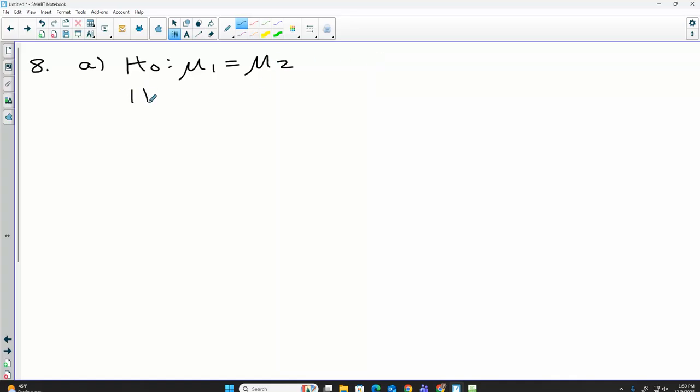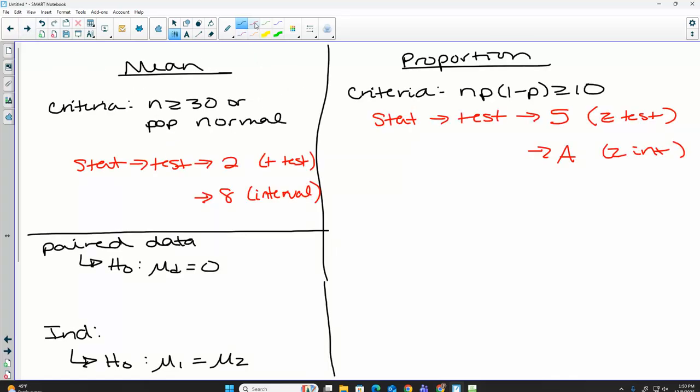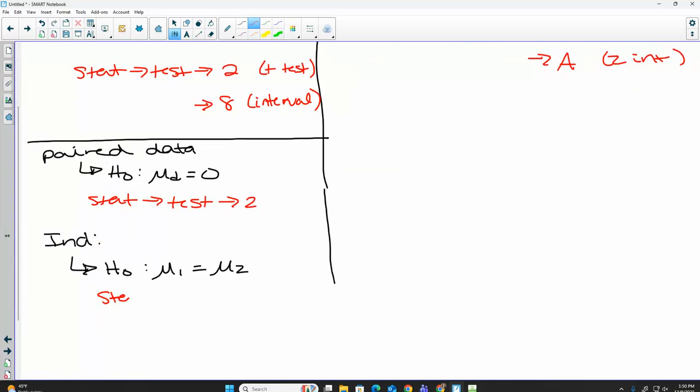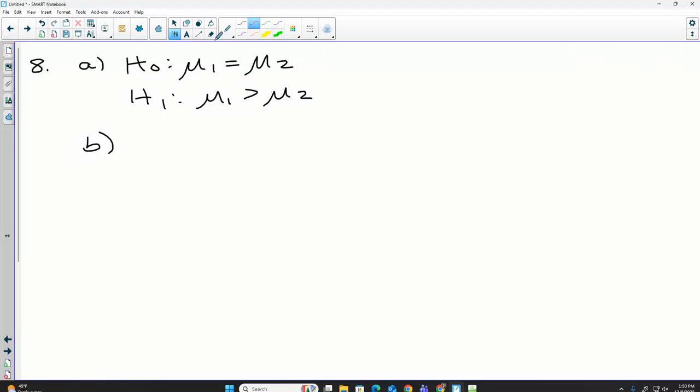Alternative, we want to see if the first set is higher, so mean of the first is greater than the second. So B, this is when we get into a new test. Because I don't have one set of data anymore. So where do we go? Four.